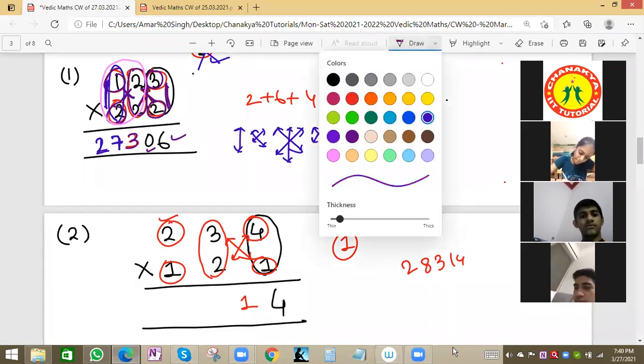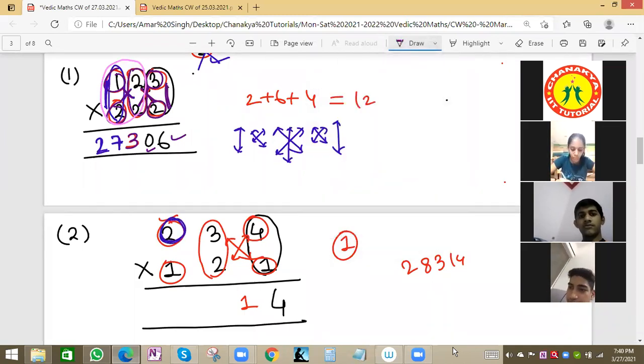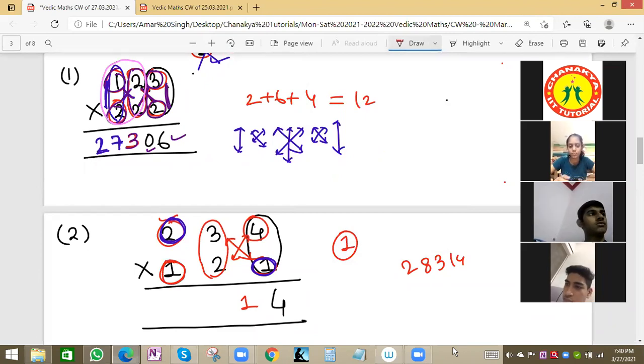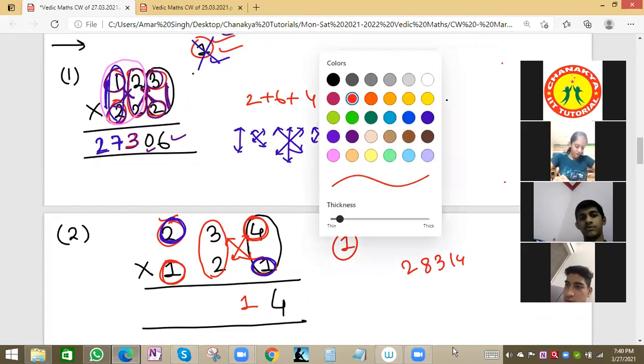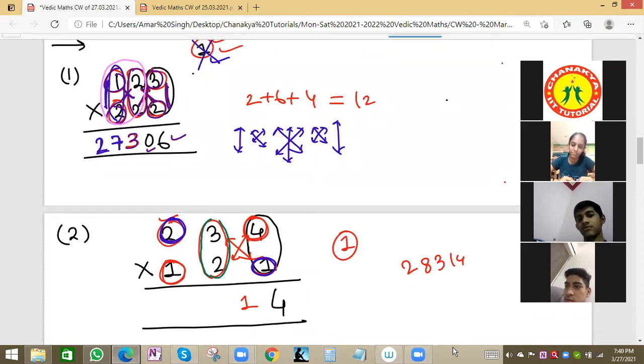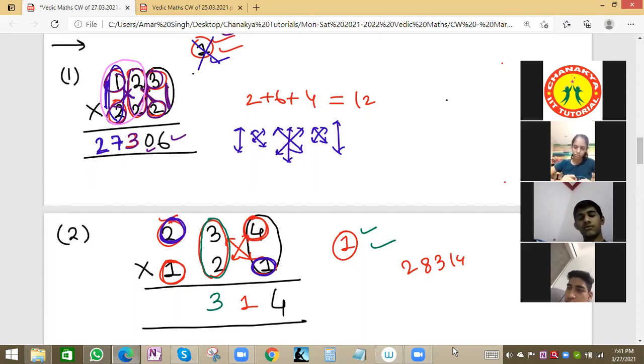Let this be in blue: 2 is multiplied with 1, 2 1s are 2, then this will be green, red one itself. 1 into 4, 2 2s, 2 into 1, 2, and 4 into 1, 4, 2 plus 4 is 6, and then let this be green, 3 2s are 6. So what is 6 6? 12, and 1 is carry, so 12 plus 1 is 13, 3, carry again 1.